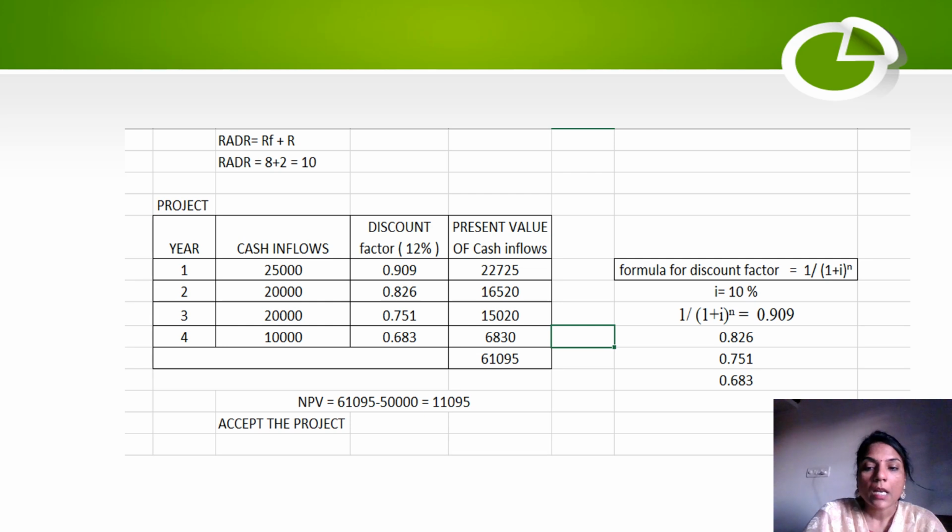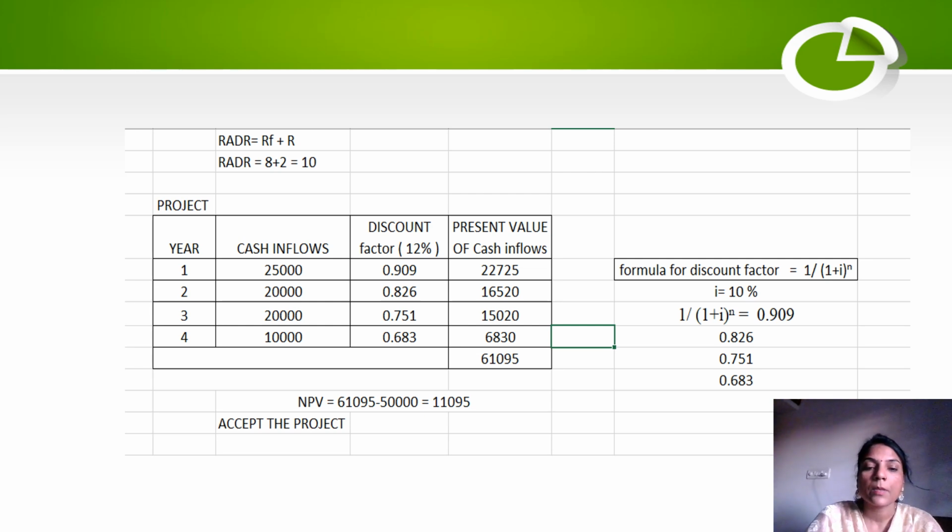This RADR approach is also applicable to mutually exclusive projects. Here we are considering only one project, but in some questions you will have two projects, with cash inflows given and different risky rates of return. At that time we can compare which project we should go for.